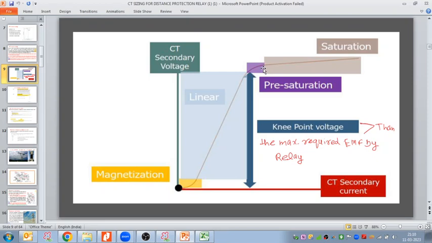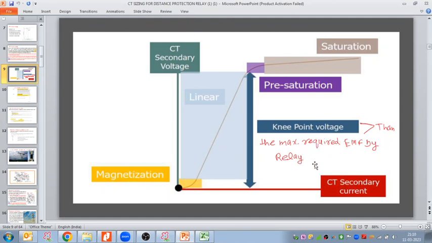So the core will have some saturation. But my requirement is that the CT core should not saturate in the event of a fault before the relay operates. Or we can say that the knee point voltage in the CT should be more than the voltage required by the relay. So the knee point voltage should be greater than the maximum required EMF by the relay.